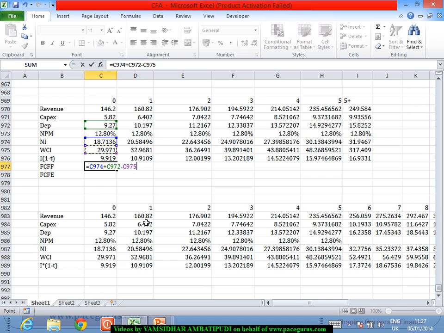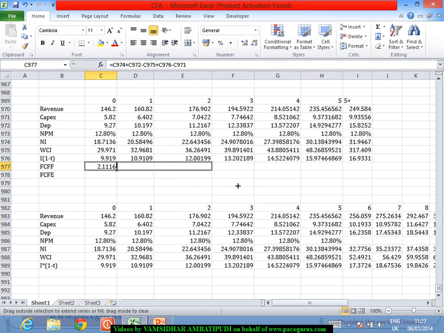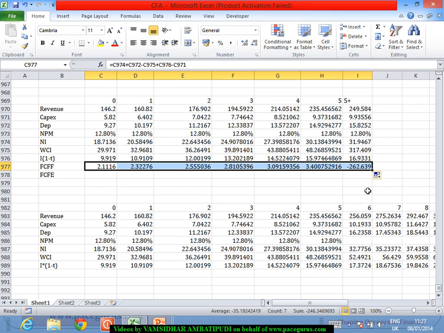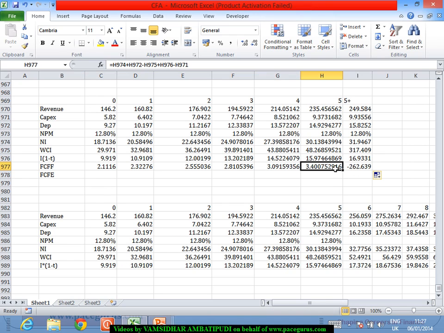To this I am even adding up I into 1 minus T, and I am even subtracting the capital expenditure. So this is what is coming out as FCFF for this particular period. And probably I can drag this FCFF to each of the periods, which is finally coming out as, how come this working capital investment is looking so high?